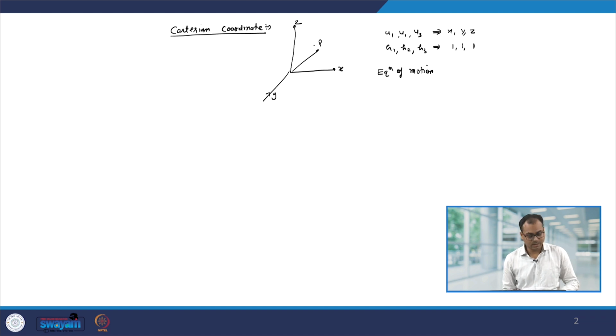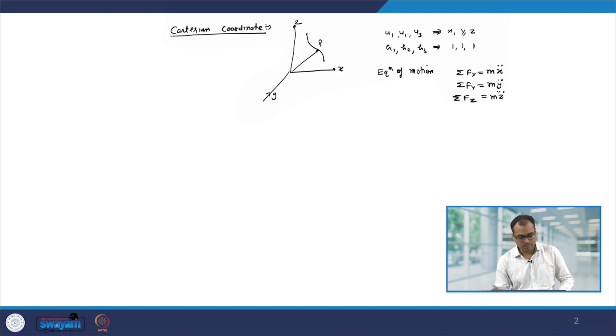So, let us say the particle is at point P and this particle is moving. In this case we saw that the unit vector does not change its direction as the particle moves from one point to another point, and the equation of motion was summation fx equal to m x double dot, summation fy equal to m y double dot and summation fz equal to m z double dot.